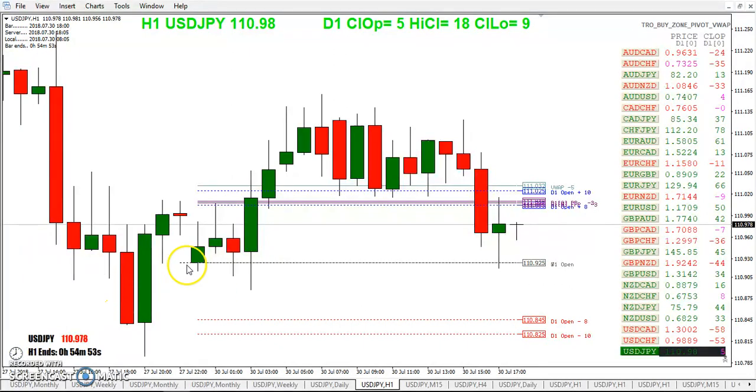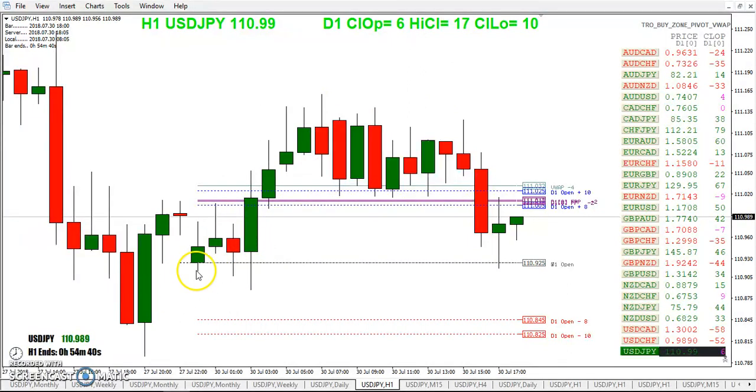So we're trading away from that daily open. So it's not a breakout. It's just we pick a direction, especially at the beginning of the day, price is going to move away from the daily open. Now, at some point during the day, it's going to make a high, daily high, and it's going to make a daily low.